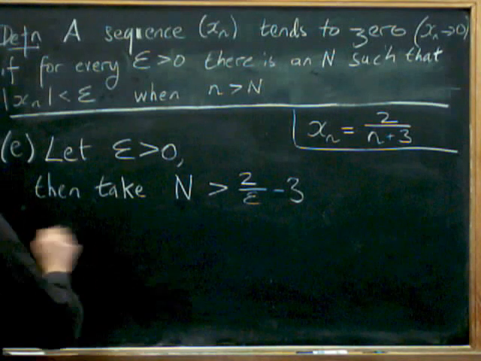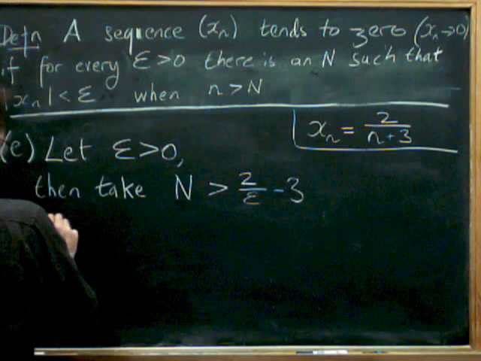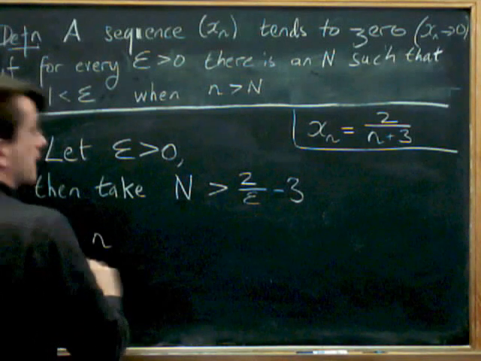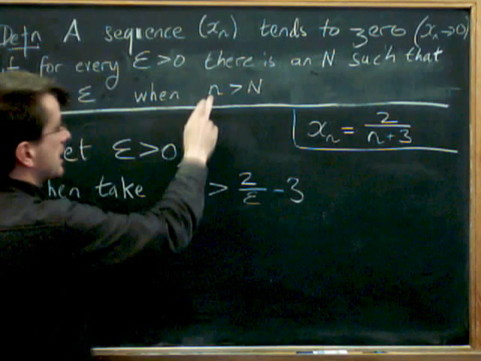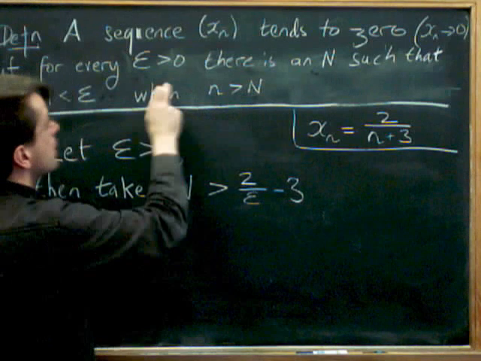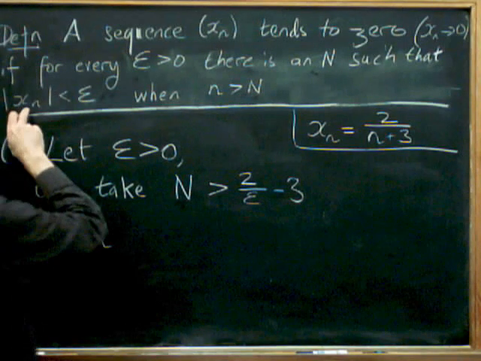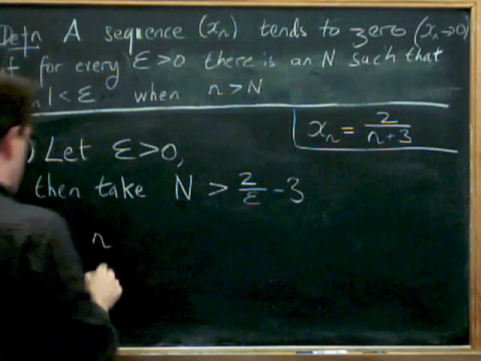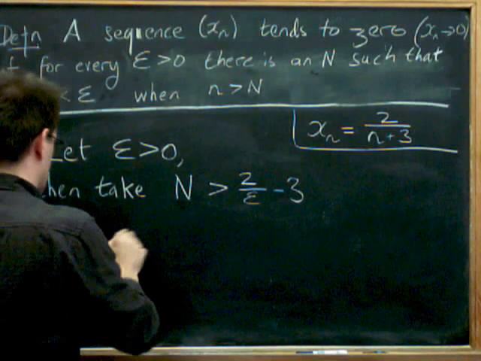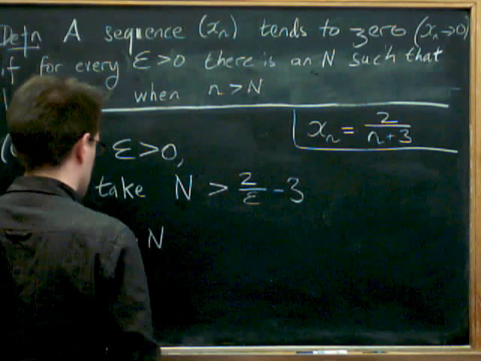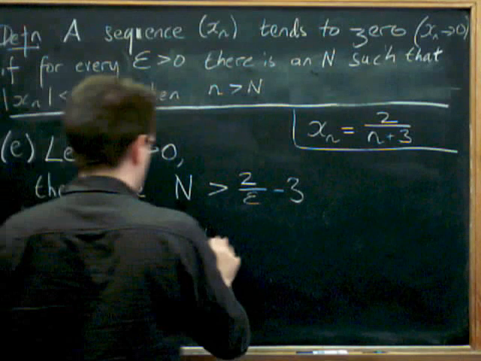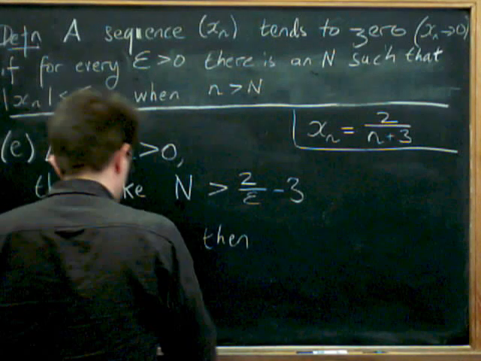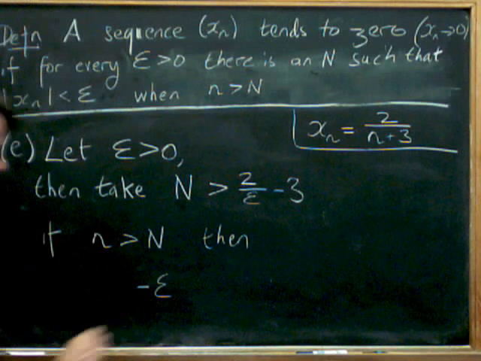Then take N. We have to show that whenever little n is bigger than big N, the absolute value of xn is less than epsilon. So if n is bigger than big N, we need to show that xn is between minus epsilon and epsilon.